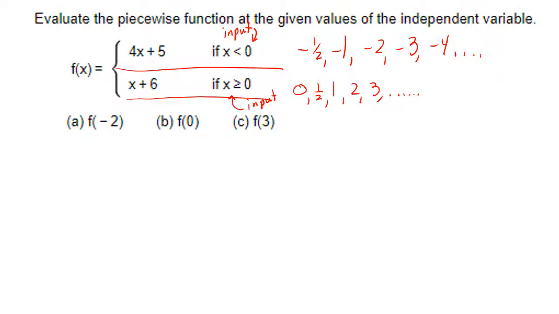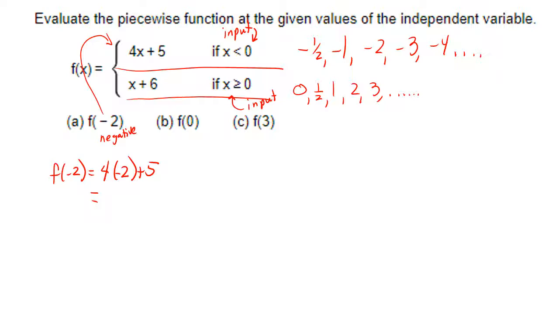Notice on part A, I have a negative value for my input. Negative values go with this first part or this first piece of the function. So I must substitute that in to the top of that function only. I will not get the correct answer if I substitute it into the bottom or the second part.